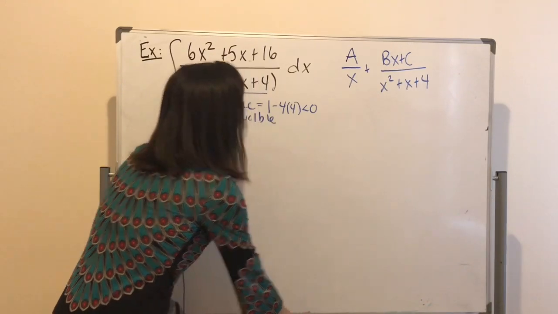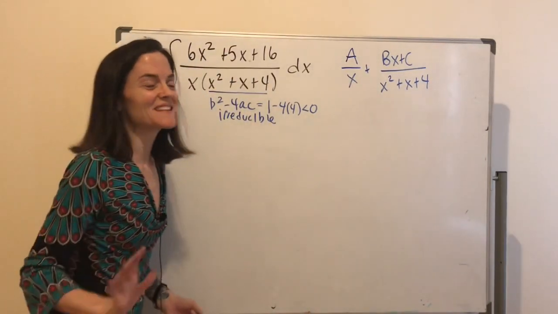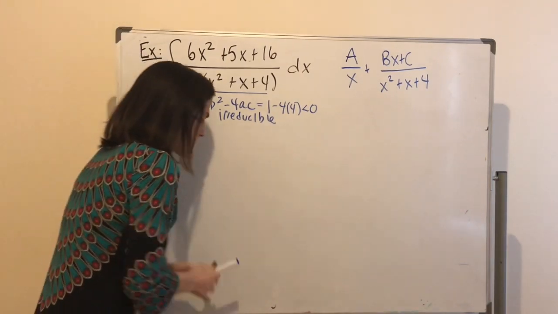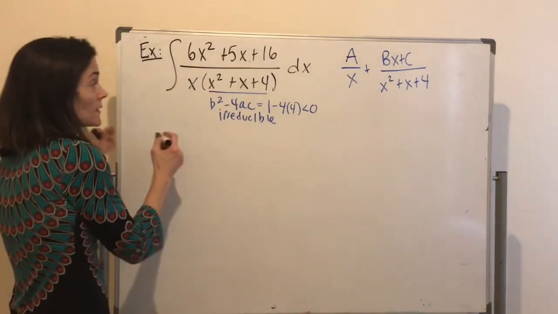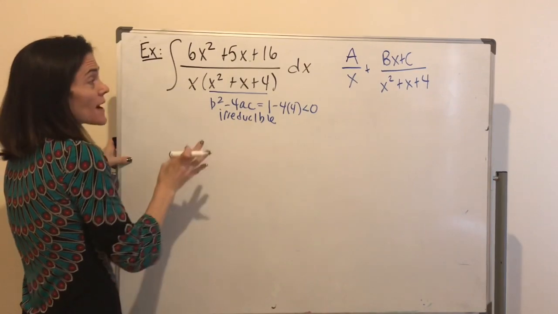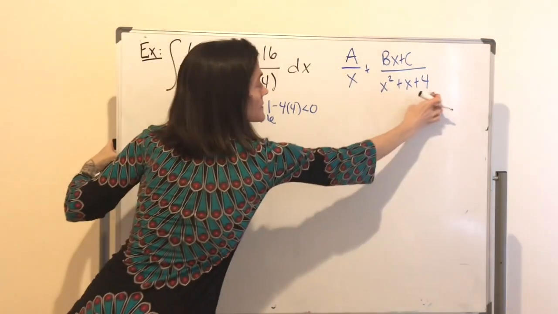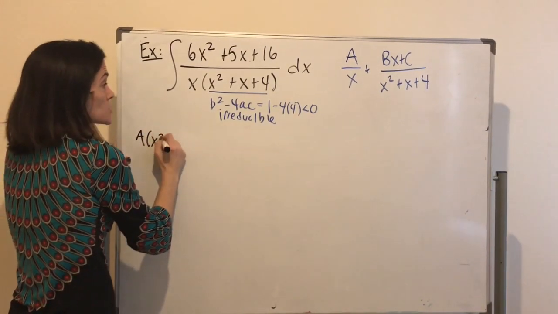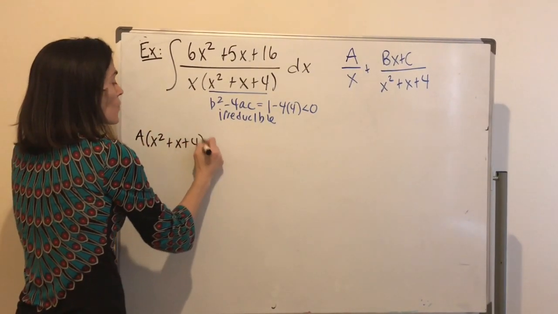Now let us get a common denominator, right? Just like we've been doing. So let's get a common denominator. This part doesn't change too much. Maybe I'll go back to black. We're going to have, well, the a over x, we will multiply by this whole quadratic. So we will have a, x squared plus x plus 4.